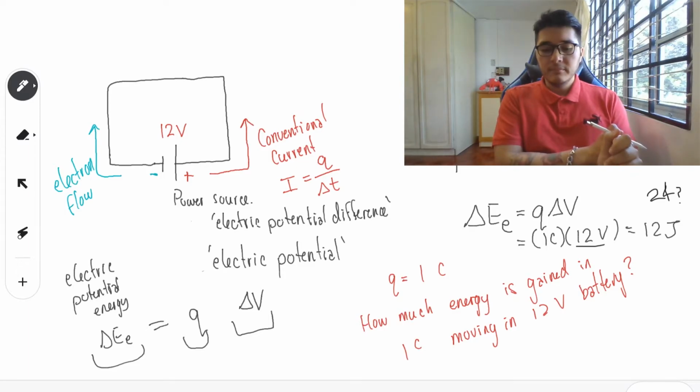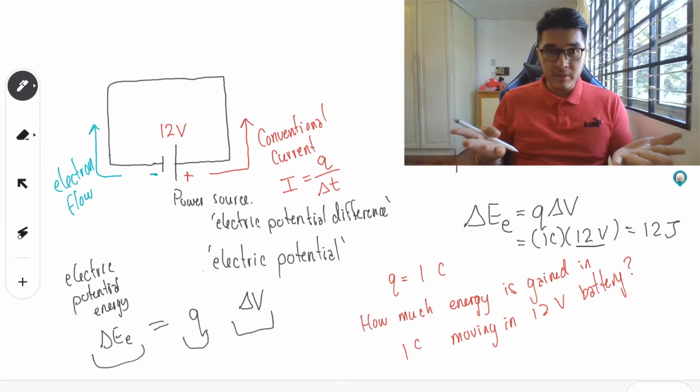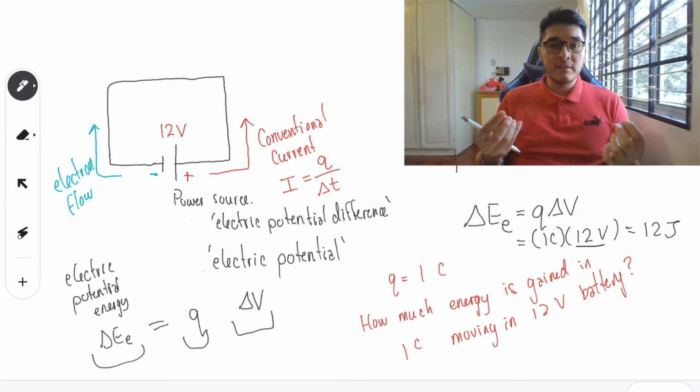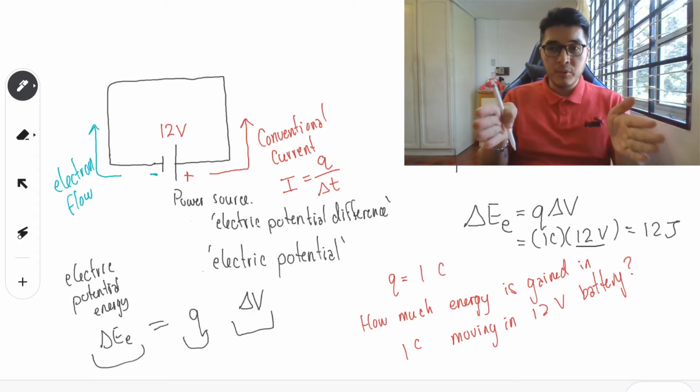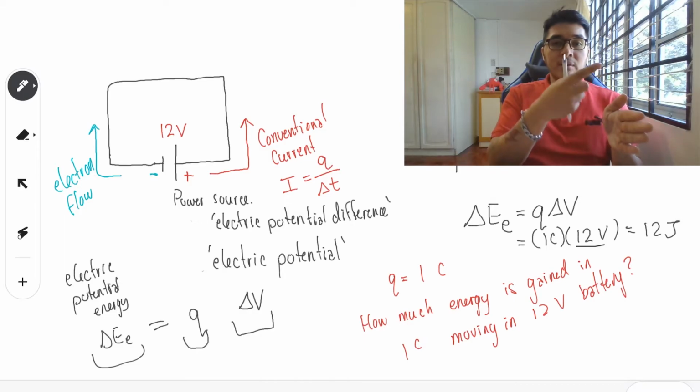So electric potential energy is your Q value times voltage? Yeah, so why the voltage is useful is kind of like a convention. It doesn't tell you how much energy the charges have. It just tells you, hey, if a charge goes through here at 12 volts, then you have to determine how many charges are moving to determine the actual energy that you're going to have to work with.